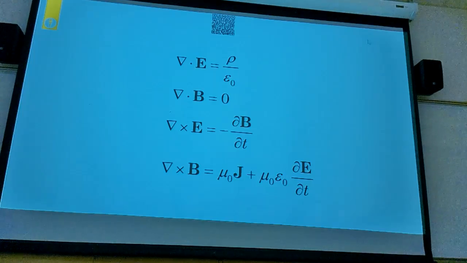These are four of the most famous equations in the world. Yeah, in my opinion, it's even more famous than E equals MC squared. Who studied E&M?